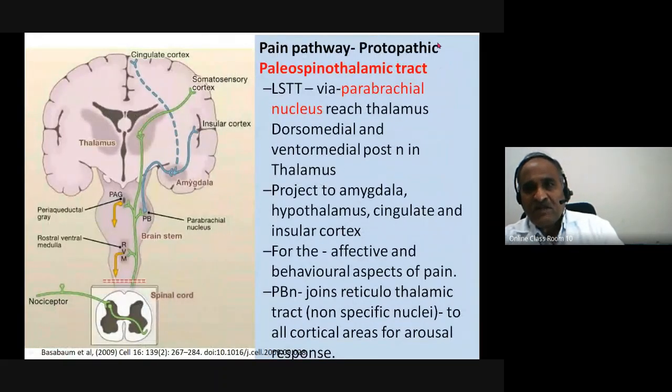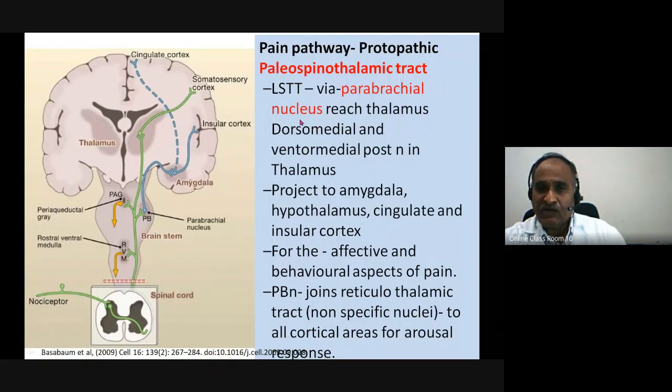In case of a protopathic pain, this is carried by the paleospinothalamic tract. The paleospinothalamic tract, as usual, from the receptor, the nociceptor, to the fibers carried by A delta and C fibers, they will come and relay in layers 1, 2, and 5, and the projecting neuron ascends to the thalamus via parabrachial and reticular nuclei.